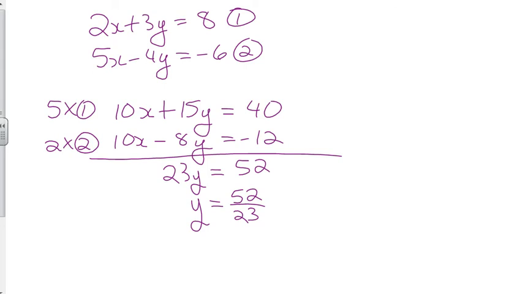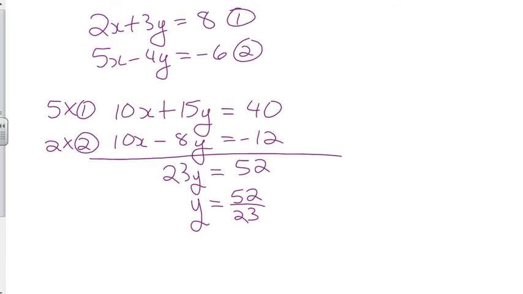I'll tell you that. Now, we have a choice. We can substitute 52 over 23 into either 1 or 2, or we could eliminate the y. That way I don't have to deal with fractions, and not nice fractions either. It's not like the 2 goes into the 23. If there was a 3 on the bottom of that and that was y, I'd stick it in number 1, the 3s would cancel.